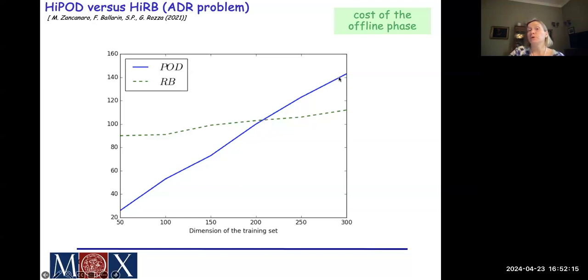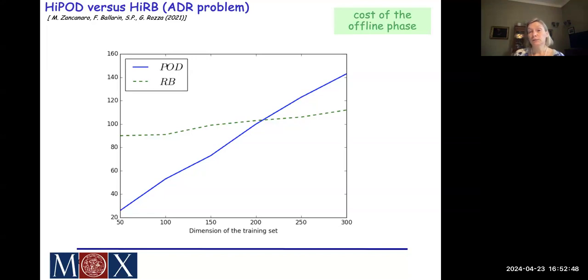But at a certain point, there is a point where the configuration is exactly reversed, in the sense that if such a number of training values increases too much, at that point, the HiRB approach becomes more competitive. This is essentially due to the fact that when you resort to a greedy approach, you have to include in the computational effort also the computation of the error estimator.